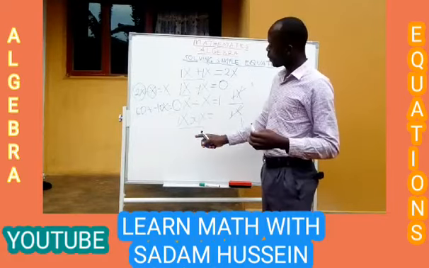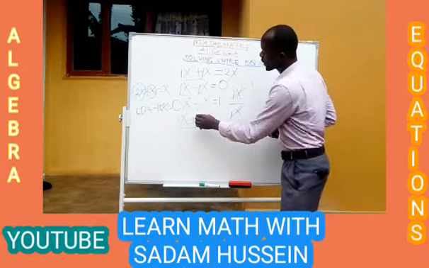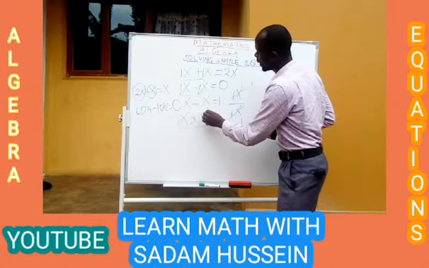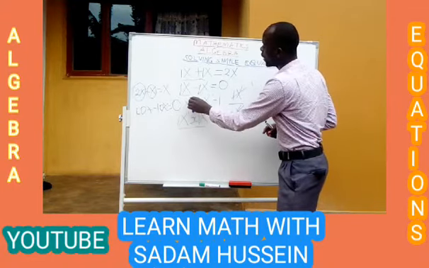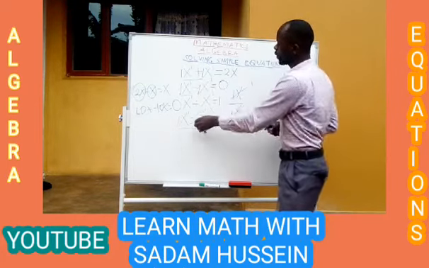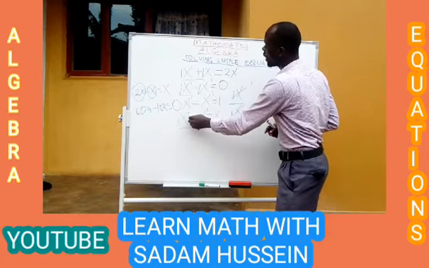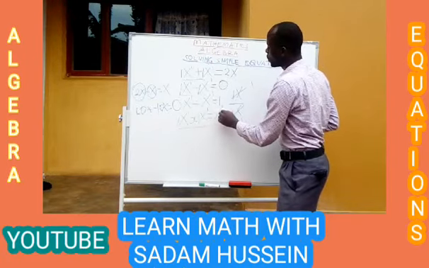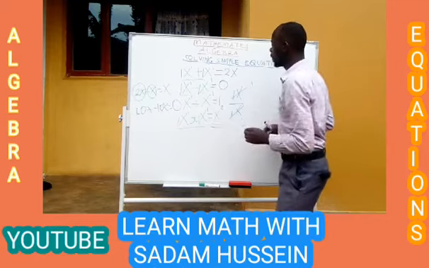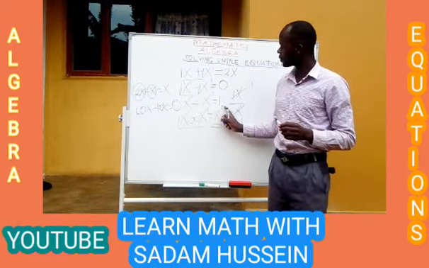According to indices, when you're multiplying the same bases, we always add the powers. And remember I told you that this is power 1, even here is power 1. Any unknown standing without a power is given power 1. So this one gives us x multiplied by x. You write your x, then you add the powers 1 plus 1, which equals 2. So x times x is x squared.